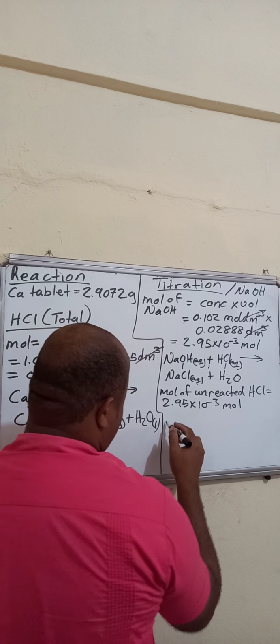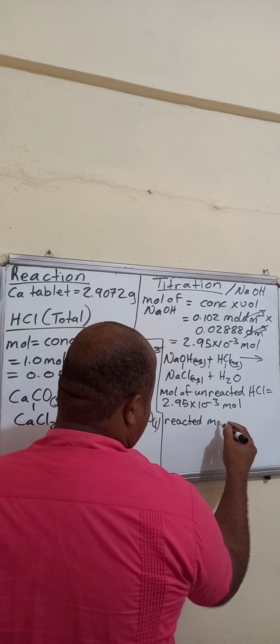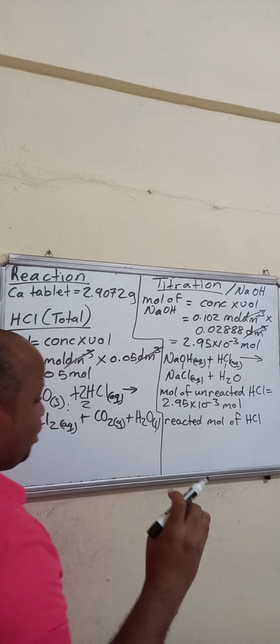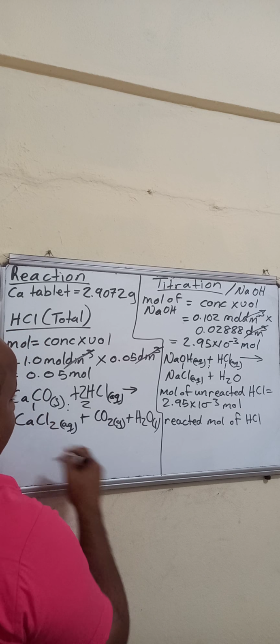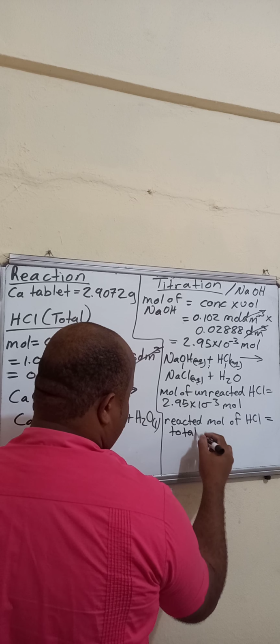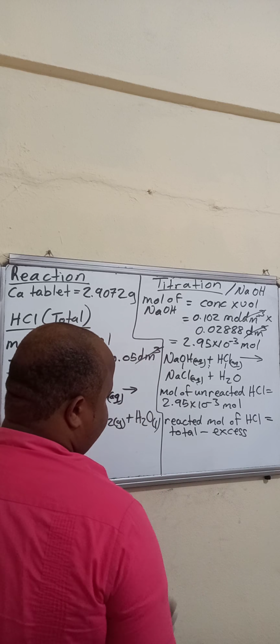Right? So the moles of HCl that reacted, it would be the total. So remember, it's total minus excess or unreacted.